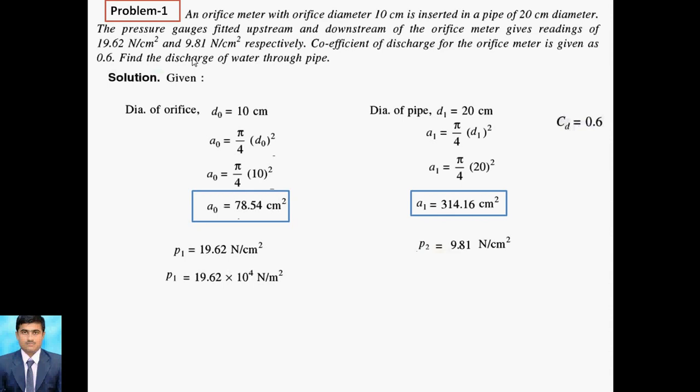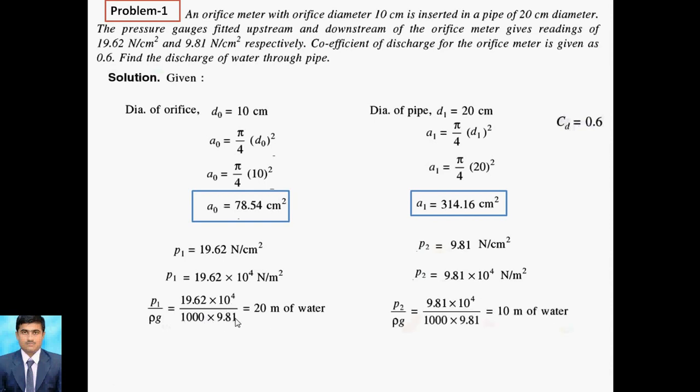P1 is equal to 19.62 into 10 raised to 4 Newton per meter square, and P2 is 9.81 into 10 raised to 4 Newton per meter square. So we know that P1 by rho g minus P2 by rho g gives H. That's why we write P1 by rho g and P2 by rho g. P1 is known to you, and after putting in the values, we get 10 meter of water.